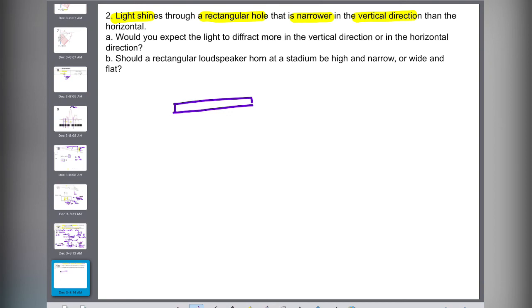So go back to your equation. Diffract more: if I have a delta y that is high, it diffracts more, meaning it got spread out more.